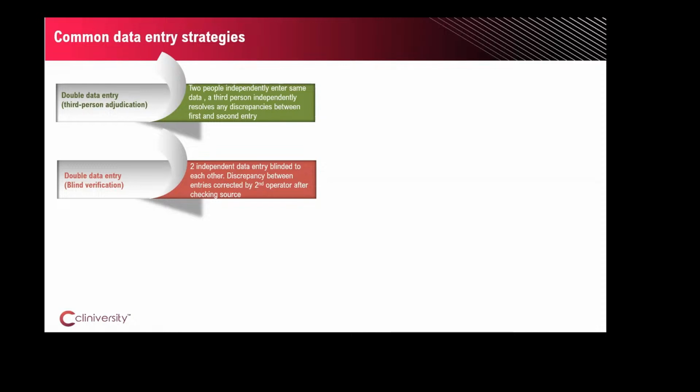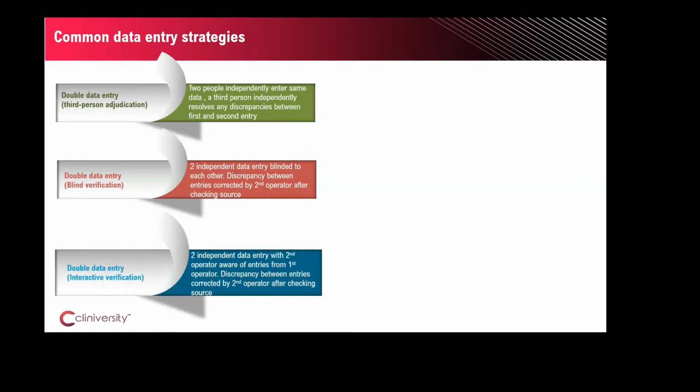After this warning, the second data entry person, who is also responsible for verification, must carefully examine the entry against the source and then determine what should be the appropriate entry before saving it. With this data entry strategy, the second entry person's value will override the first person's entry value.